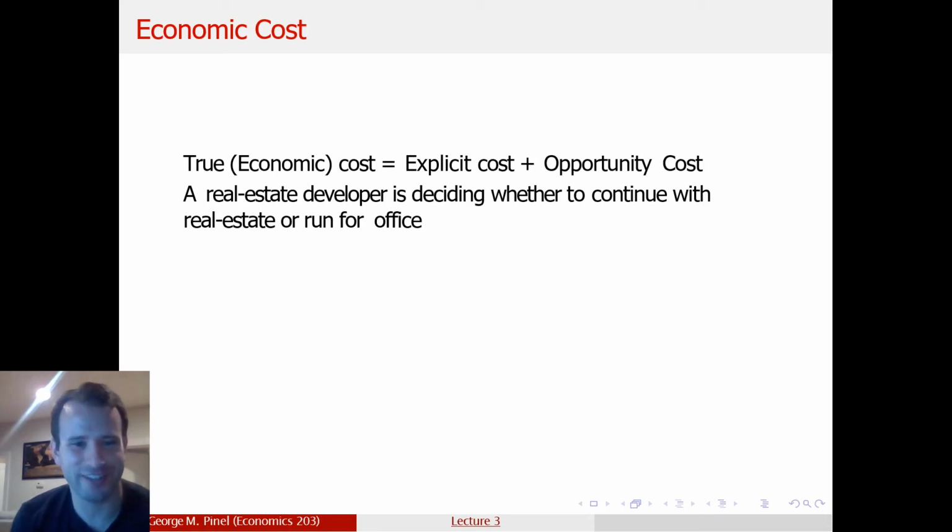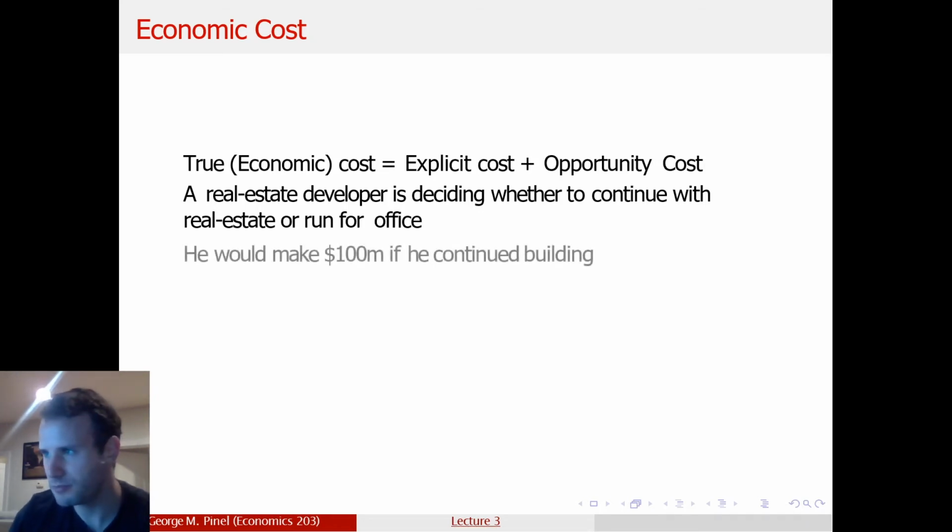So let's say you're a real estate developer. You have a lot of real estate in your name, and you're deciding whether to continue with real estate or make a run for office. You would make $100 million if you continued building. So let's say in the future, like 4 years, your net projects would give you $100 million.